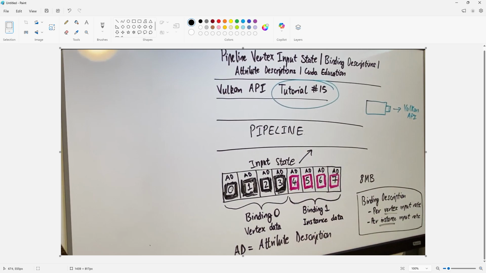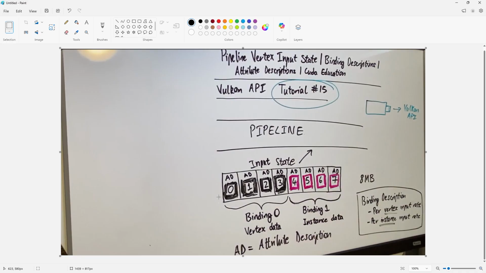Attribute description, I would assume, doesn't necessarily care about what binding it resides in. It's just concerned with its megabyte of data and what it's describing, right?